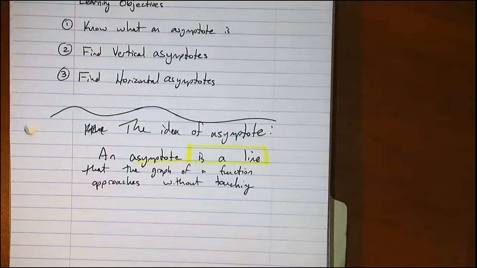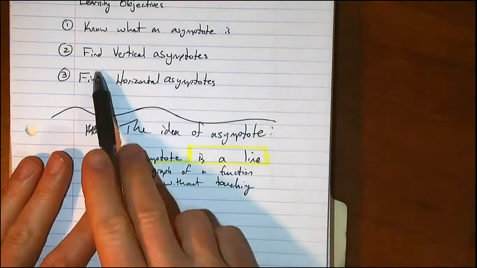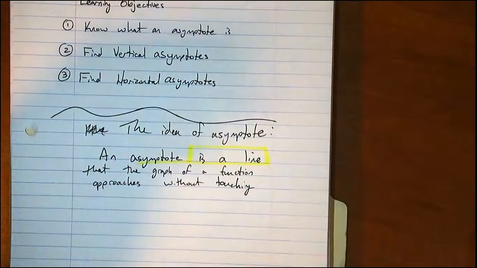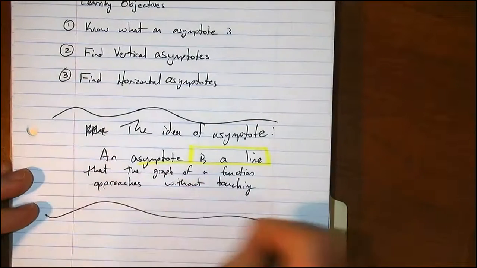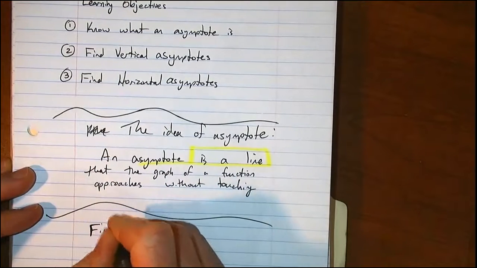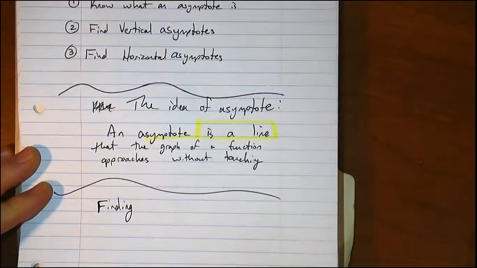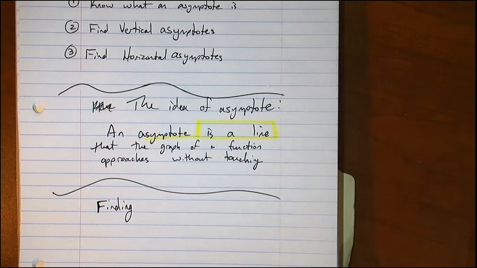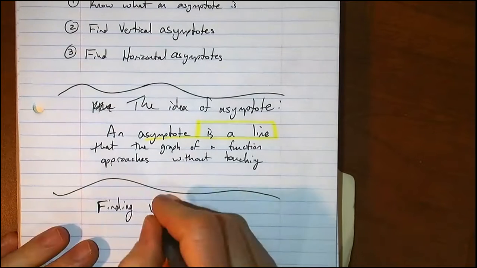Now, how do you find them? It turns out that vertical asymptotes actually are not very hard to find. And this goes back into the idea of why we have a vertical asymptote in the first place. And we talked a little bit about this in yesterday's video. The idea is that vertical asymptotes will happen if you have an x value that causes you to divide by 0.